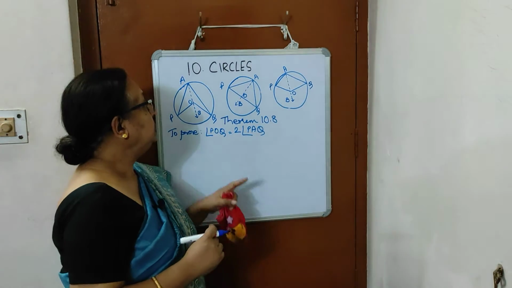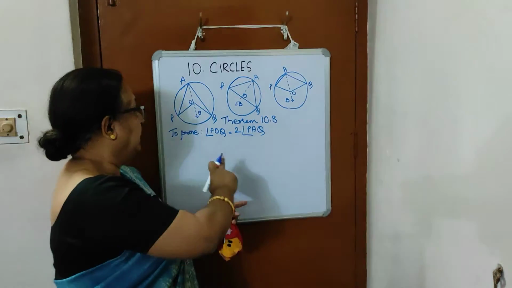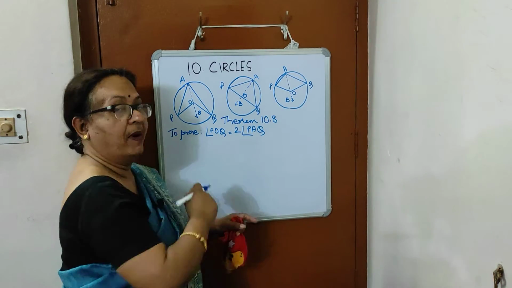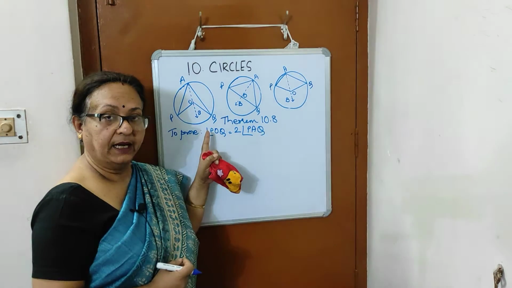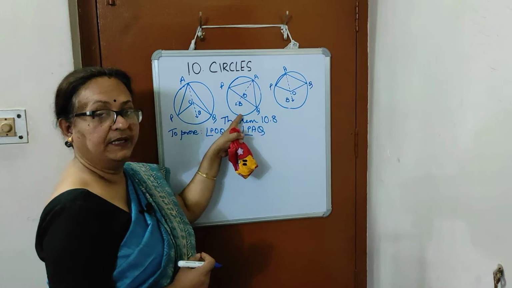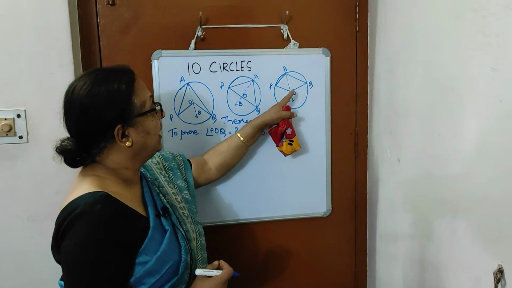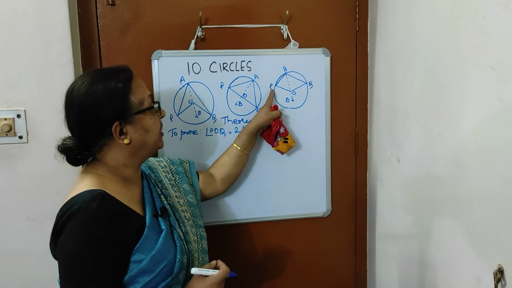Now, three cases can arise. What are they? Either this arc PQ is minor; you can see from the first figure, arc PQ is a minor arc. Arc PQ can be the diameter, that is a semicircle, or this one, where arc PQ is the major arc.